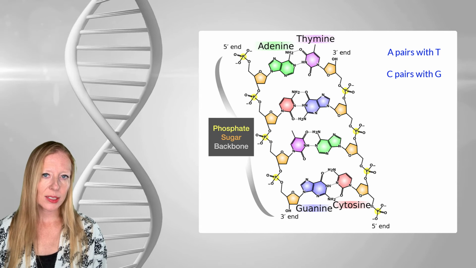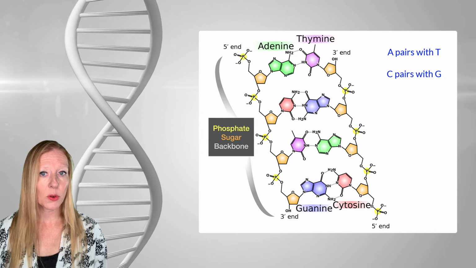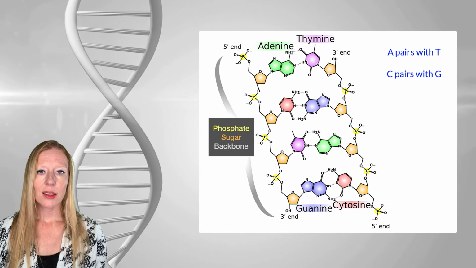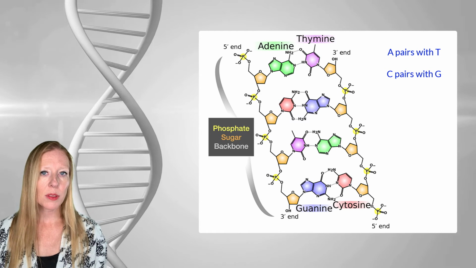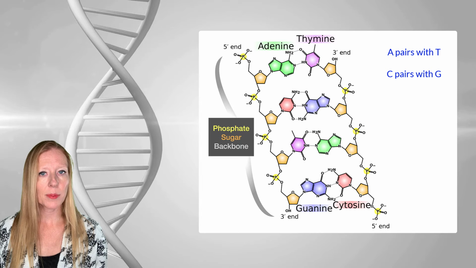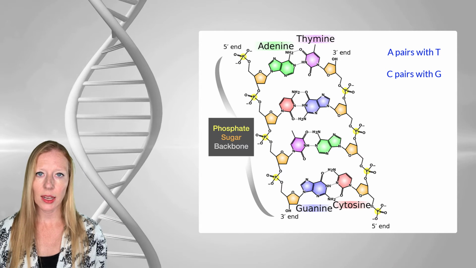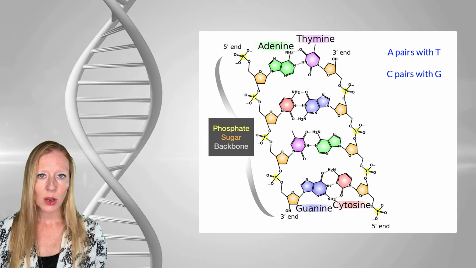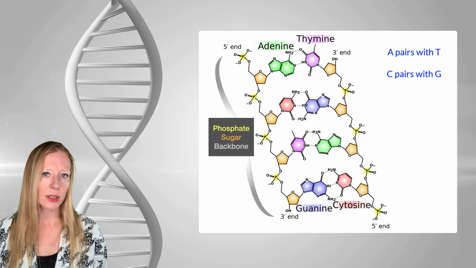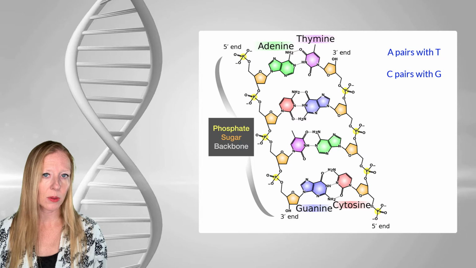Notice that we have 2 strands here of DNA, and also notice that they're running in the opposite direction. This one is going from 5' to 3', and the other one is going 3' to 5'. This is called an anti-parallel orientation, and it is necessary for base pairing. We're not going to see 2 parallel strands running in the same direction and base pairing with each other.